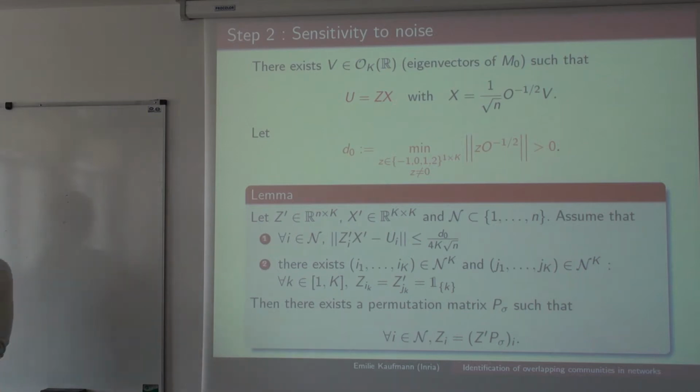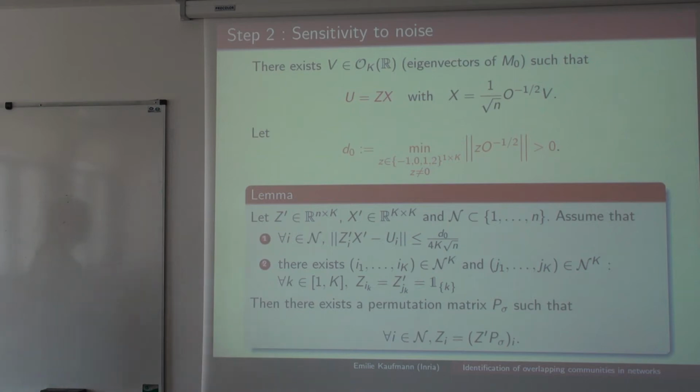Because of the result on the spectrum of A, it permits an elegant decomposition for U. So we know that U is written in the following way with this matrix X. But what we are doing in the estimation procedure is looking for an approximation of U of the form Z hat multiplied by X hat. And so we need to show that if U is well approximated, then the corresponding decomposition should be close to this one. And this result tells us what we need.